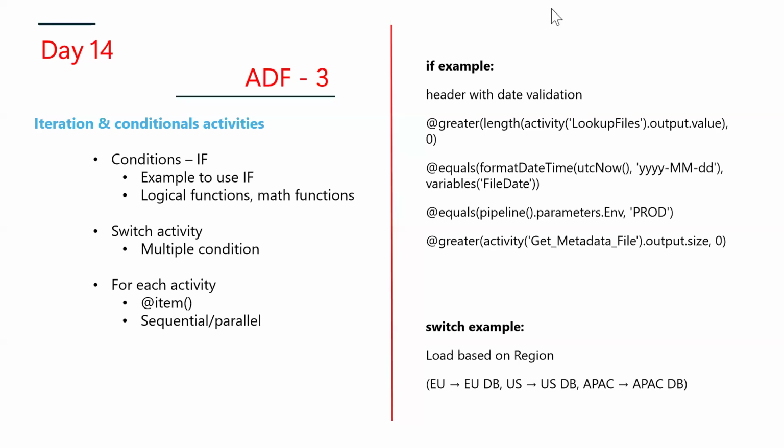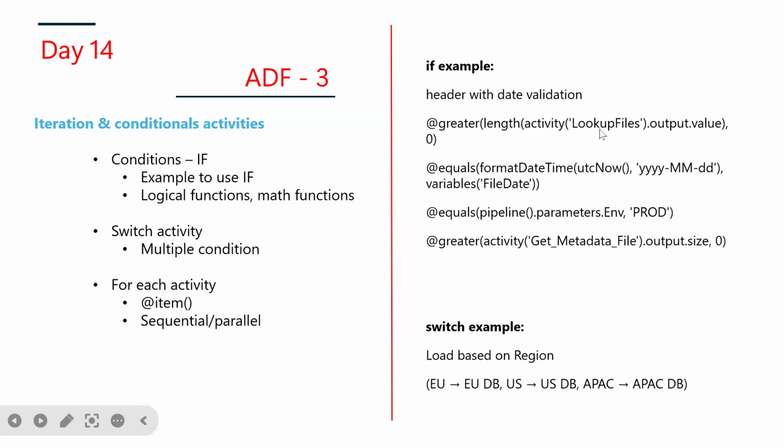I'm coming back to the PPT. So here, this is what we just discussed, and I have explained it just to help you understand how to write the logic inside the if activity. These are the different scenarios where you can use this if activity.